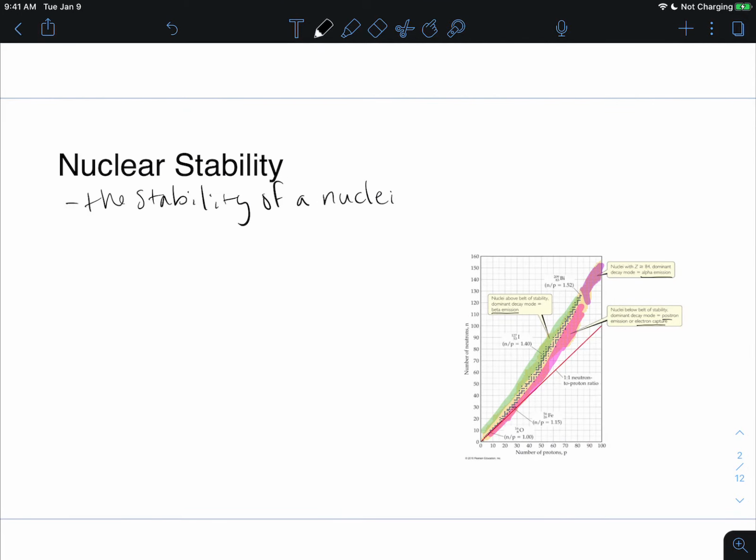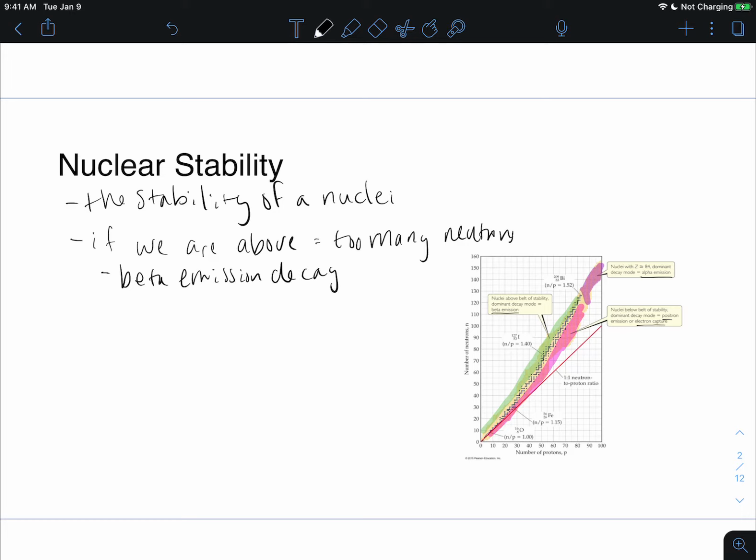Just to summarize, if we are above, there are too many neutrons, so we're going to decay by beta emission. In that process, a neutron converts into a proton and an electron.